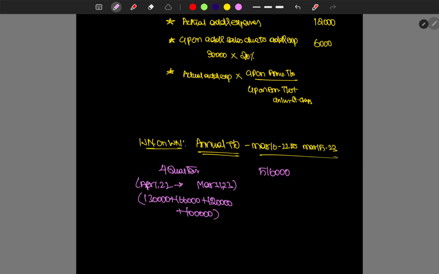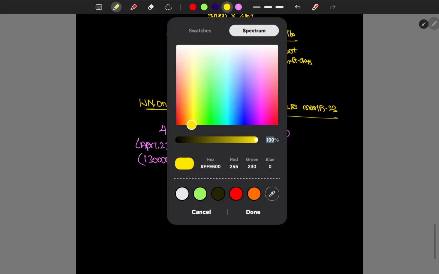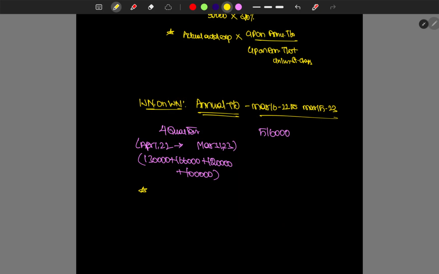What's the relevant period? So let's take the relevant period. Relevant period is March 16 to March 31st of 2022 and March 16 to March 31st of 2023. This is the irrelevant period to calculate the annual turnover.